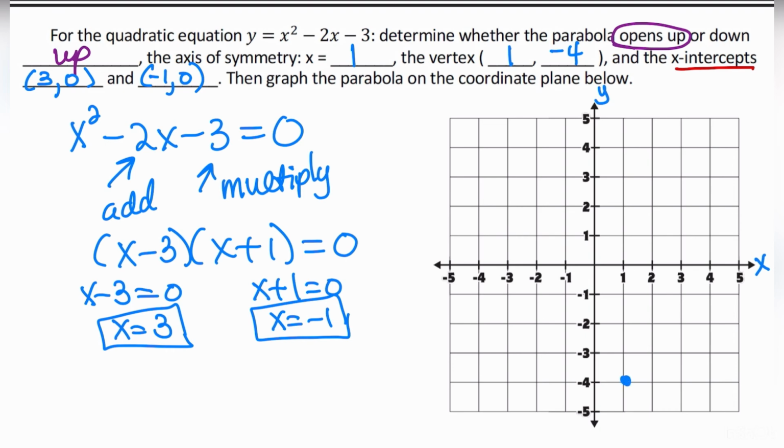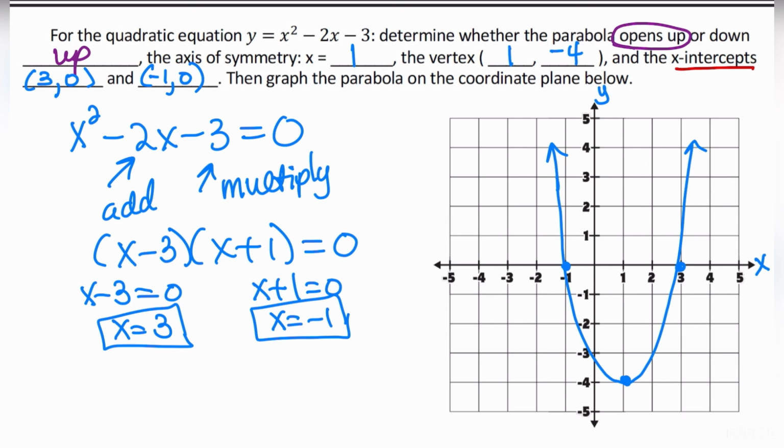Then my zeros, my x-intercepts, are at x is equal to 3 and x is equal to negative 1. I know this parabola is going to open up, so I'm going to go ahead and carefully draw my parabola. So by putting all of these points together on the graph, I have a good picture of what this parabola is going to look like.